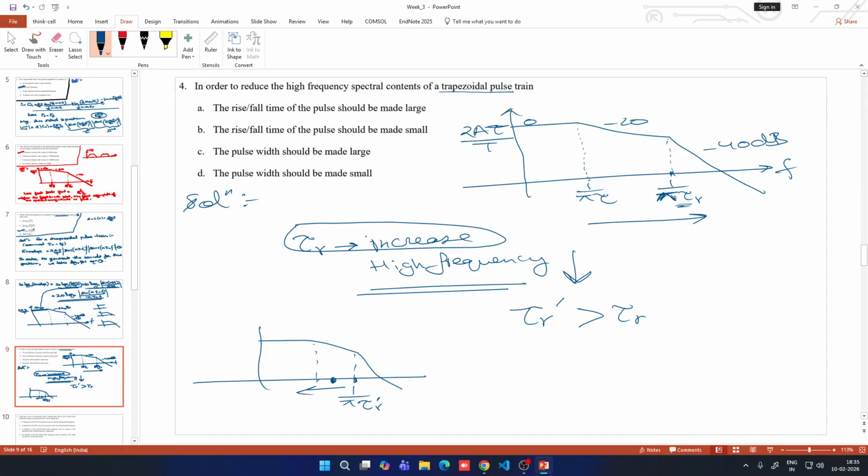Because just after 1 by tau_r, the second breakpoint frequency, the reduction is minus 40 dB per decade. So immediately it will start dropping, and there will be less frequency content in the spectrum if we increase the rise time.